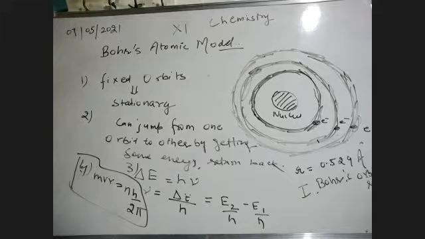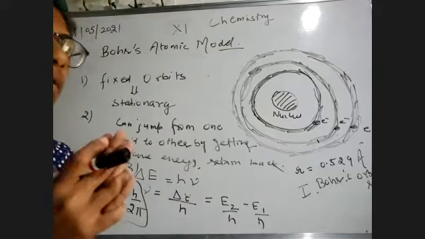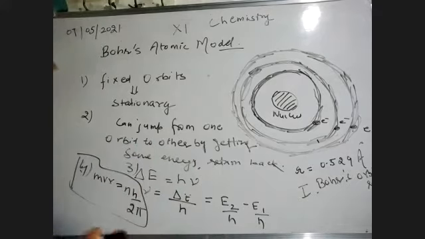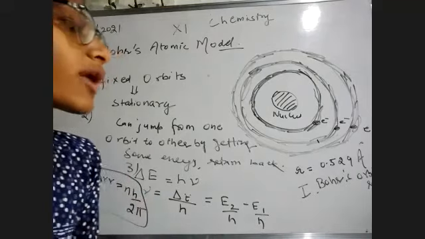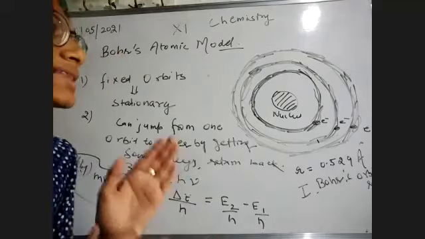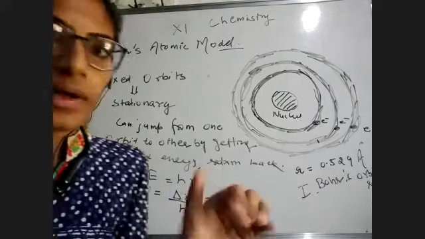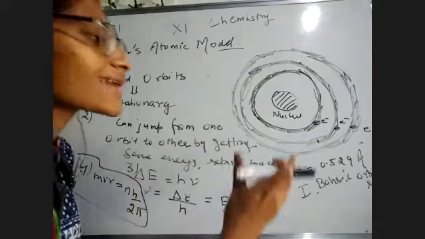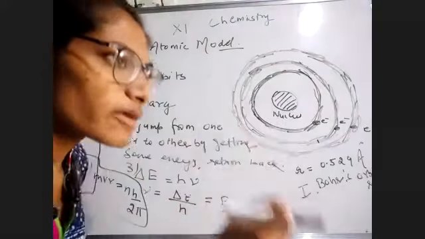Angular momentum mvr is an integral multiple of a fixed constant, h upon 2 pi. All these postulates were given by Bohr, in which we have observed that yes, there is a nucleus, quite true, and electrons are moving around it, quite true, but the electrons are moving in fixed orbits.